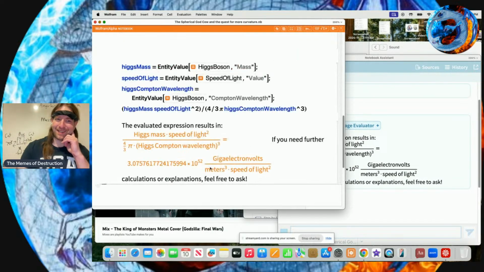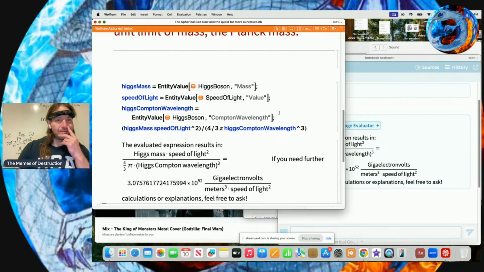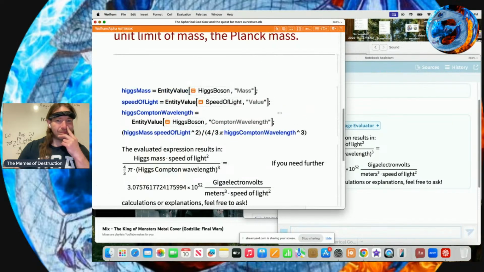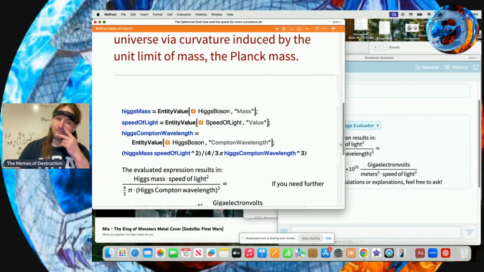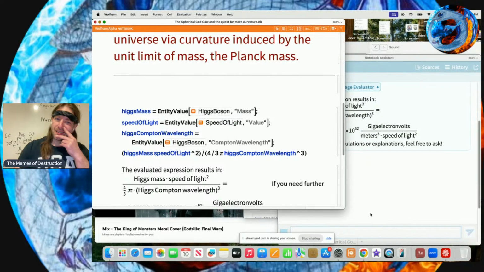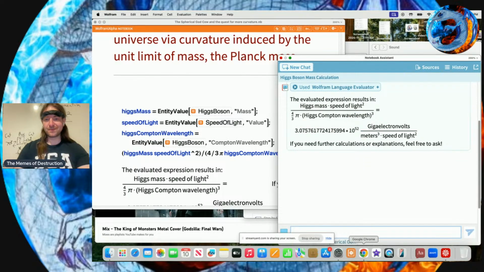Let's see. Paste. Please write this as code that will display in a nice table. There we go. That's all we want.